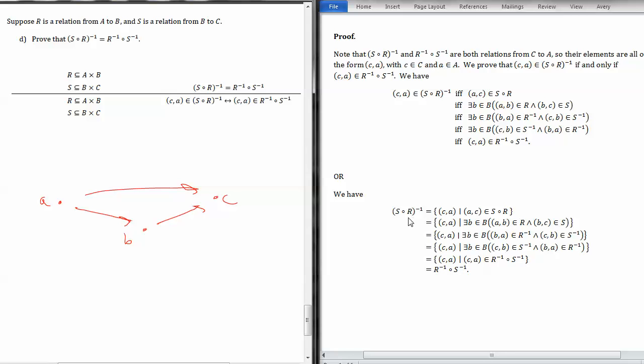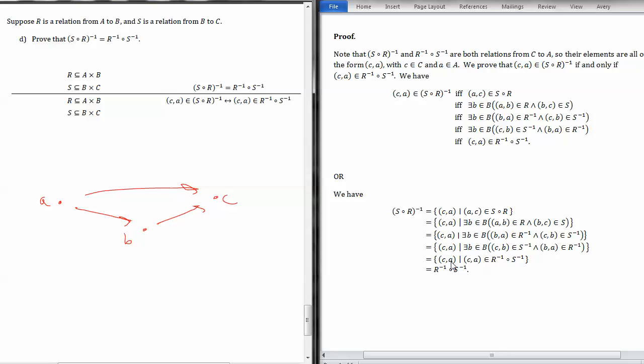Okay, so this inverse is the set of all CA such that AC is in S composed with R, and this is going to track what we did up here. That means that this existential statement is true: there exists a B in the middle. And then we can rewrite in terms of R inverse and S inverse, and we can switch the order, and that means CA is in here.